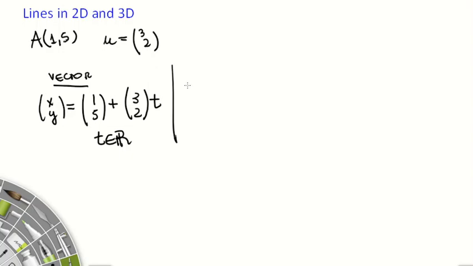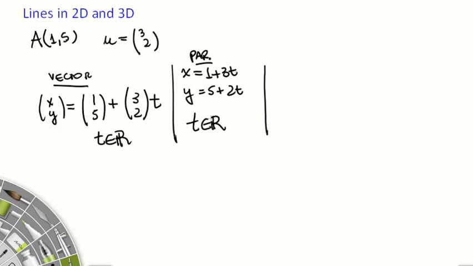Simple. Now, what if they ask us for the parametric equations? Basically, we have to expand each one of the equations that we have hidden in this vector form. So we're going to have x equals 1 plus 3t, and y equals 5 plus 2t. Those are your parametric equations. Again, t is a real number, a member of the real set.